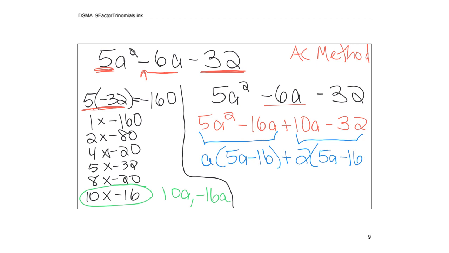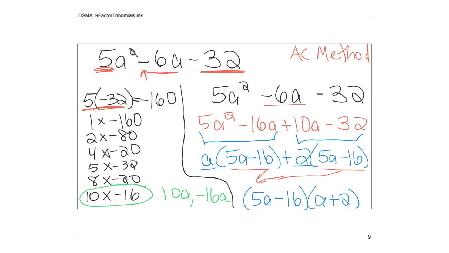And that leaves me also with 5a minus 16. That's a good thing. So now I have these binomials in common. So I'm going to pull that to the front. And that leaves me with a plus 2.